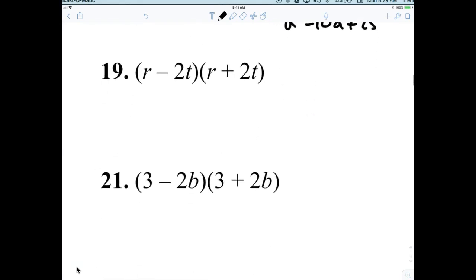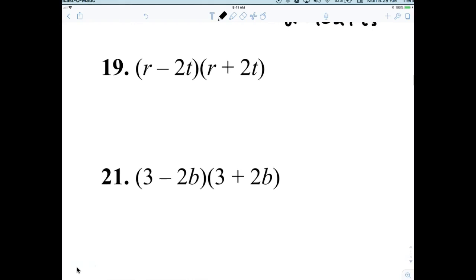And then 19. What's r times r? R squared. Now, how many is that? Negative 2rt. And this is positive 2rt. So what happens? And so then it would be minus 4t squared.